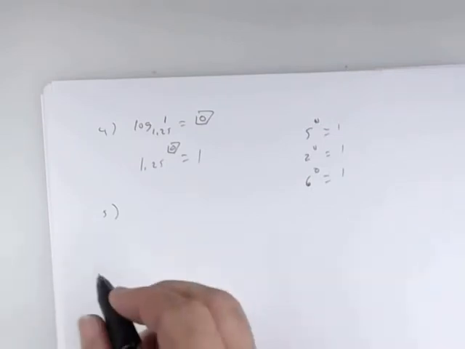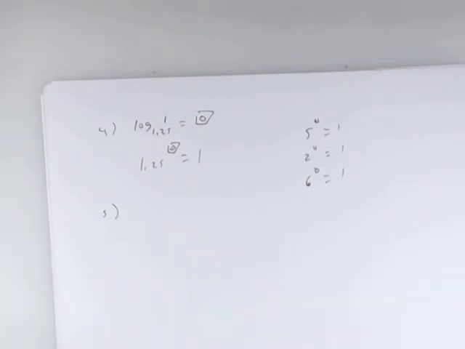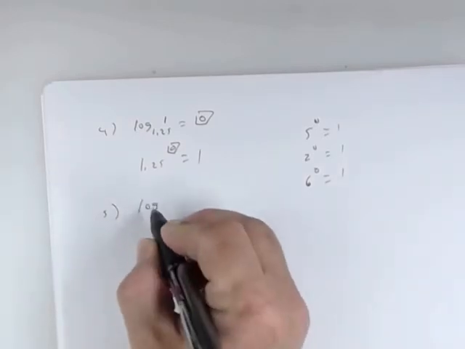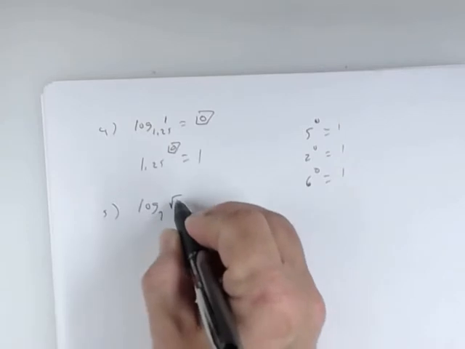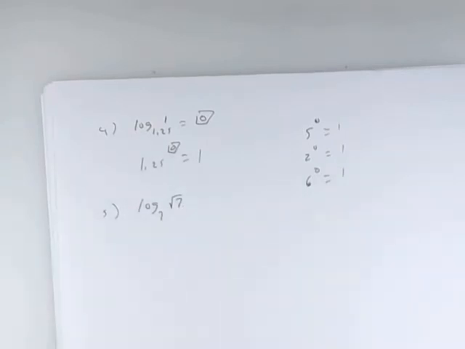All right, let's suppose we had log base 7 of the square root of 7, or we can read it as log square root of 7 base 7. What do y'all think that's equal to?